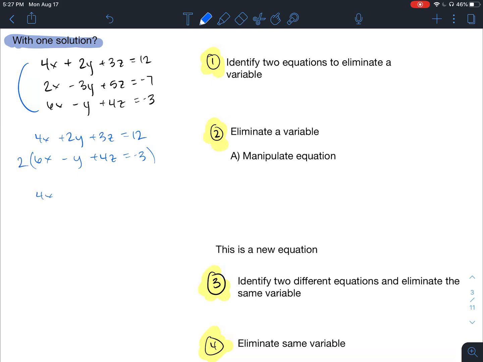So I have 4x plus 2y plus 3z is equal to 12. Now, 2 times 6, that's going to be 12x. 2 times negative y, that's going to be negative 2y. 2 times 4z, that's going to be plus 8z. 2 times negative 3, which is negative 6.